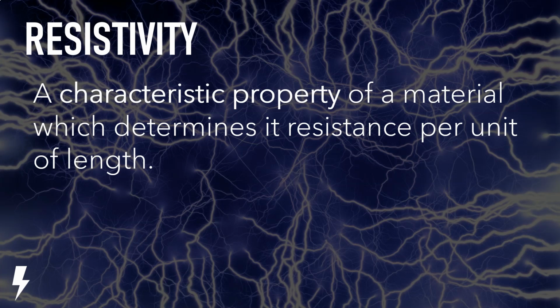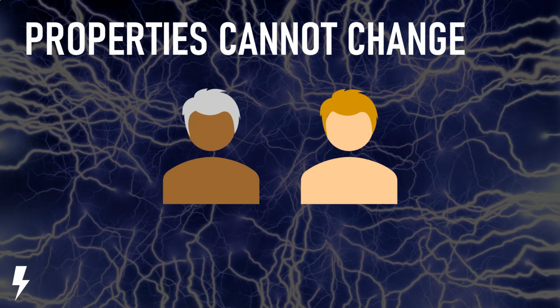Now let's move on to resistivity. The key factor that differentiates resistivity and resistance is that resistivity is a characteristic property of a material which determines its resistance per unit of length. Earlier we mentioned that resistance is a quantity which measures the ability of a conductor to oppose current. But resistivity is a characteristic property, and properties cannot change.